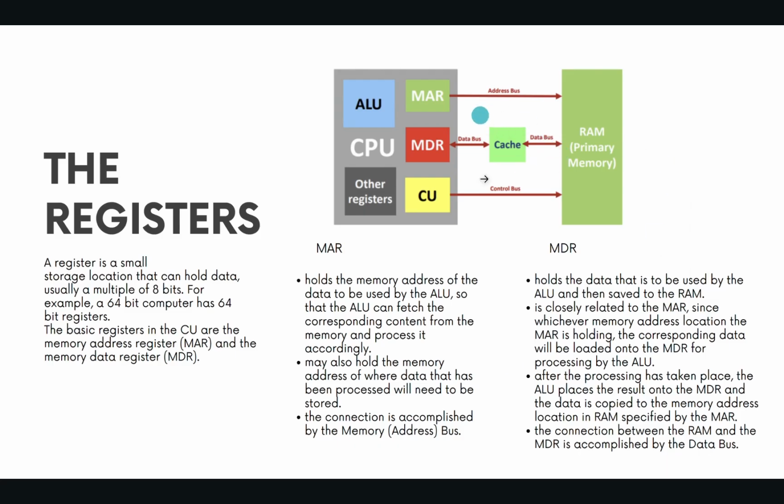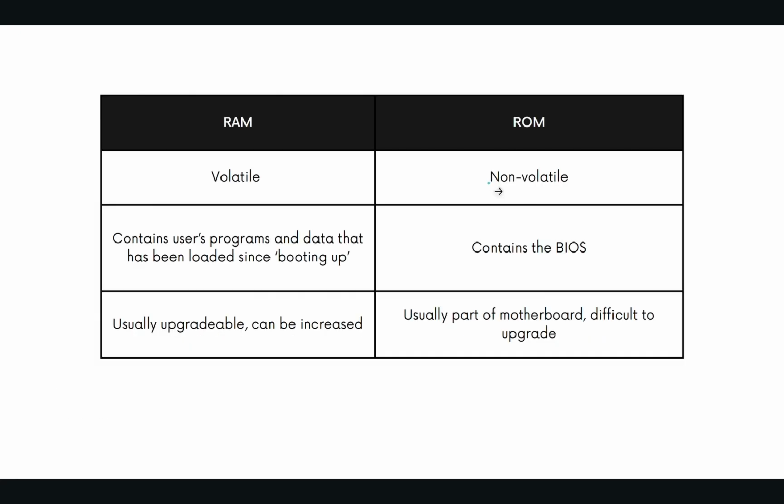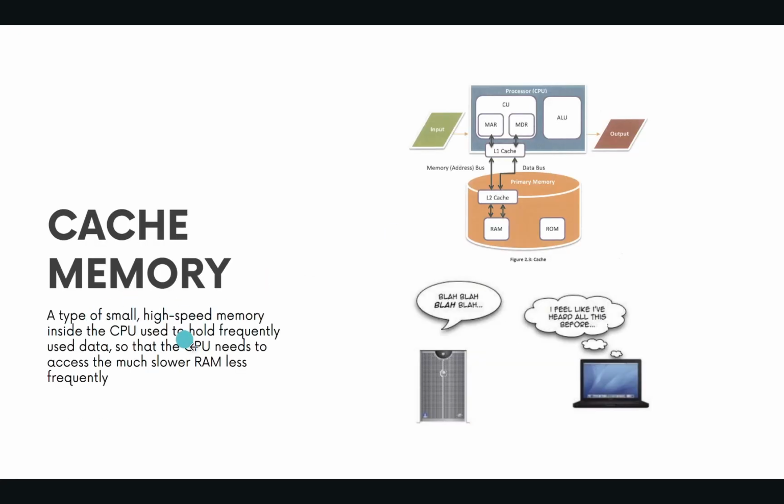Now let's talk about the cache memory, the one that we saw here in the diagram. So cache memory is a type of small, high-speed memory inside the CPU. It is used to hold frequently used data, so the CPU needs to access the much slower RAM less frequently. So what does it mean?